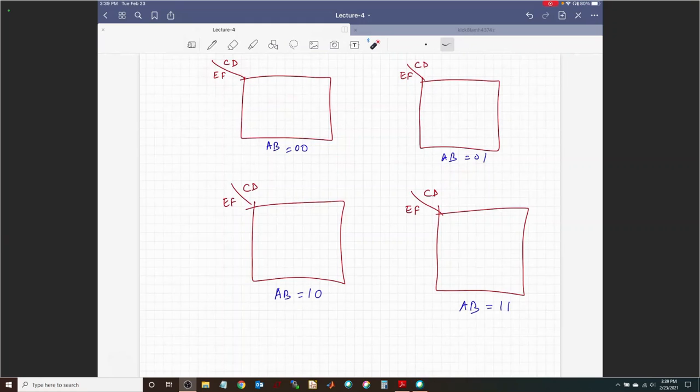But when you're trying to combine across the 4 variable K-maps, then you can do this or this, this or this, this or this, this or this, but you cannot do this because A and B both are changing there. So it's like K-maps of K-maps.